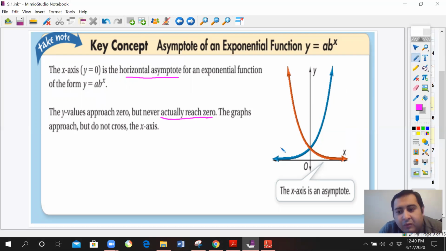Let's suppose for the blue one, all the way to negative infinity values, but it's never going to be crossing the asymptote. Same thing over here. You have all the way to positive infinity values, but it's never going to cross y equals 0. It does not cross the x-axis in this case.